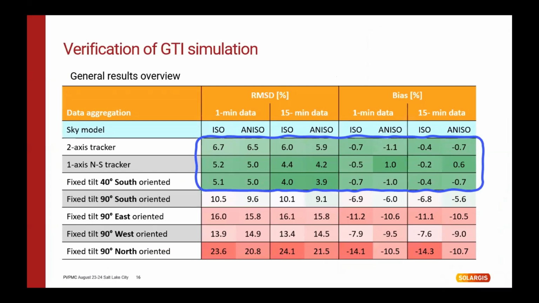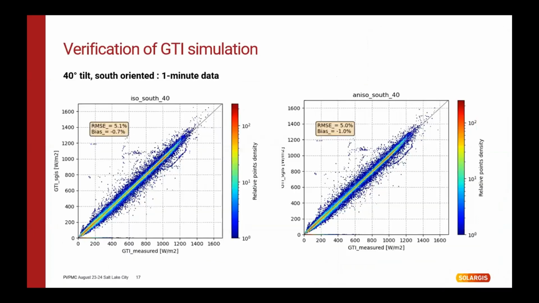If you look at this first group, for example for a fixed system with 30 degrees tilt, the performance of both isotropic and anisotropic models is almost identical. Bias below 0.01%, low RMSE. So for such configurations, both sky types perform very well.